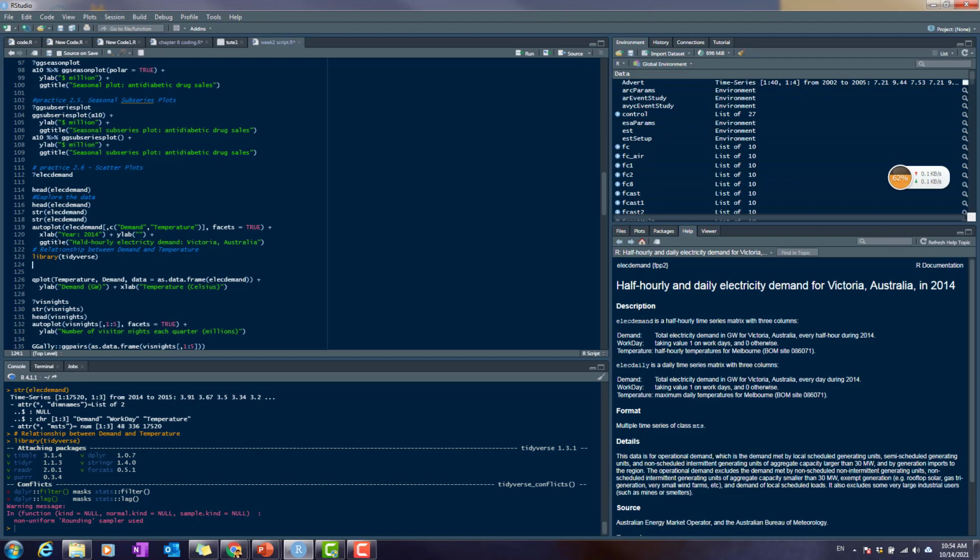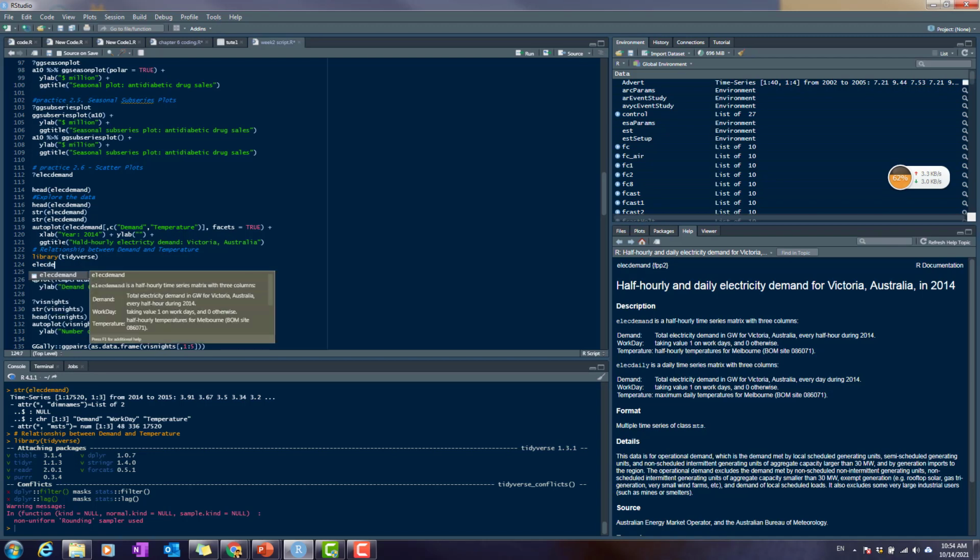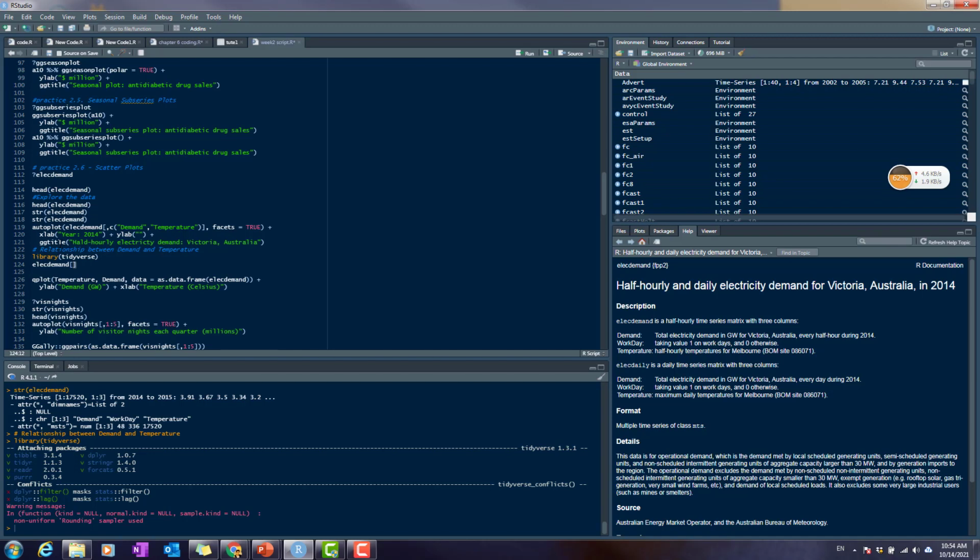Now I would call out elecdemand, and I want to get the data including the demand variable and the temperature variable.